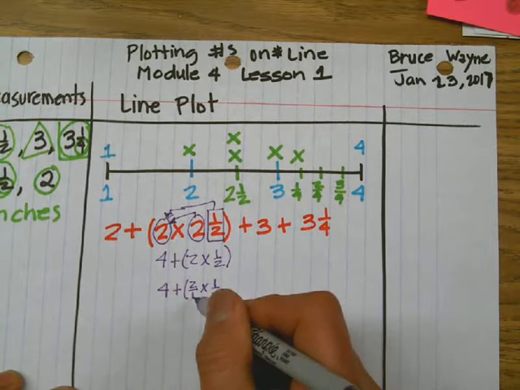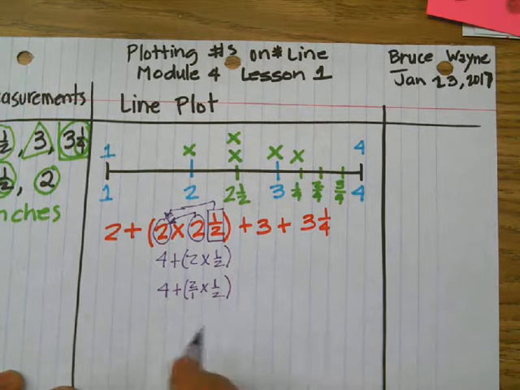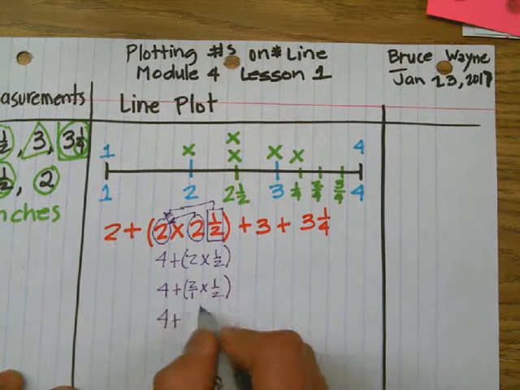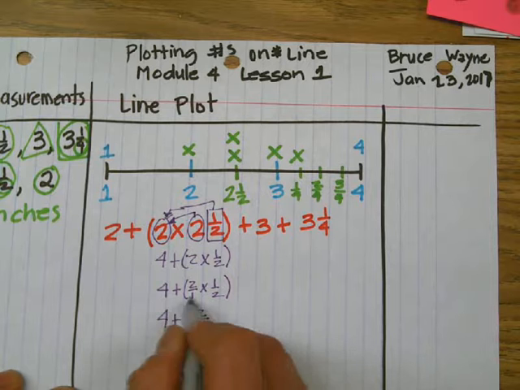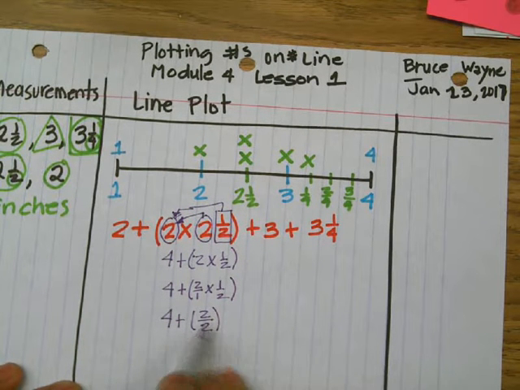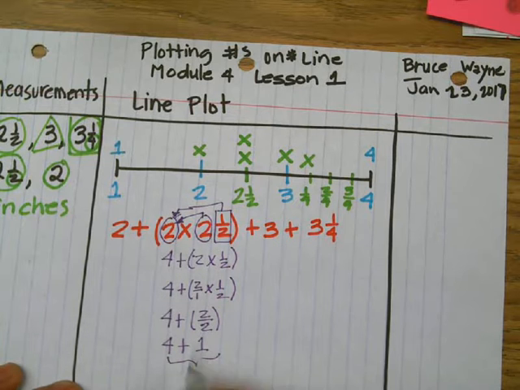Now we can solve. It's going to be 2 times 1 equals 2, and 1 times 2 equals 2. As you can see, 4 plus, oh, look at this. 2 over 2 always equals 1. So 4 plus 1 equals 5. So this whole scenario, starting from here, equals 5.